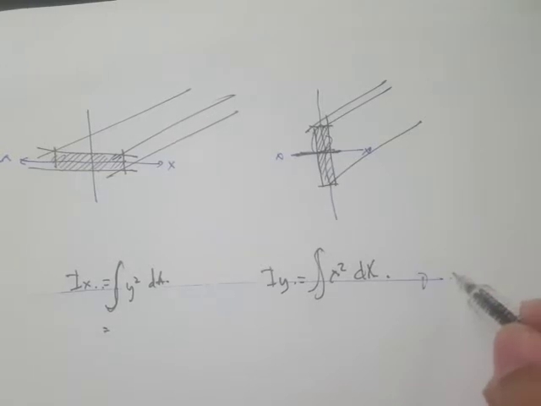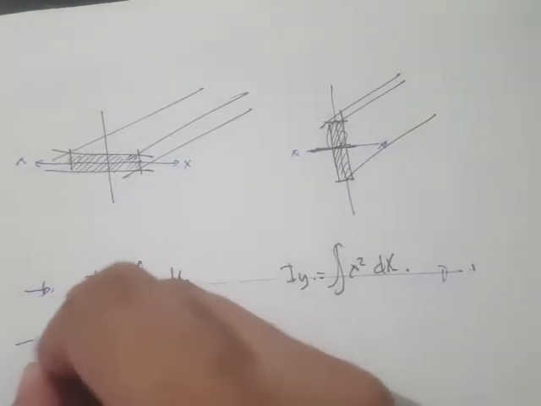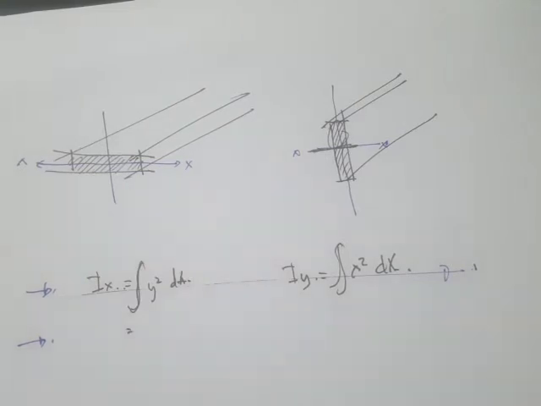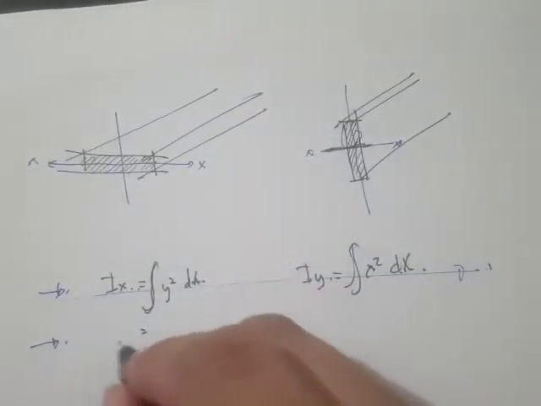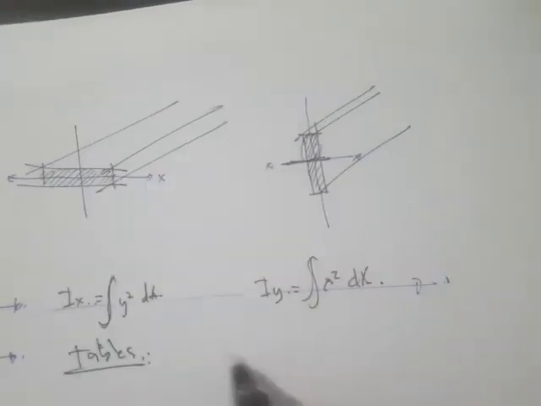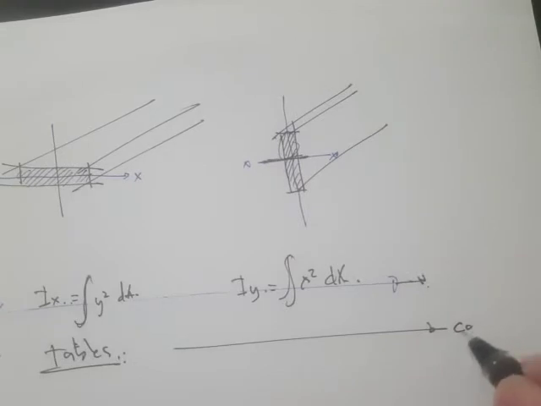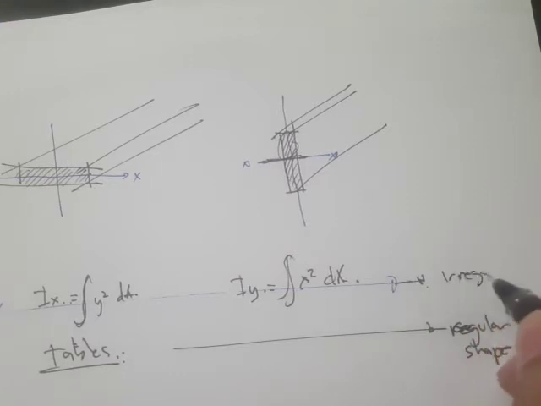Although there is also another way, like from the tables. So you can find moment of inertia from the tables. Right, so that means that if it's from the tables, then that refers to regular shapes, and this one is irregular shapes.